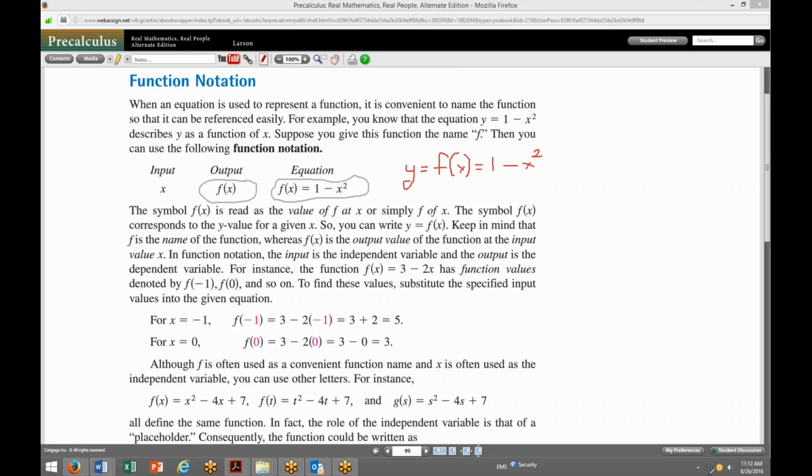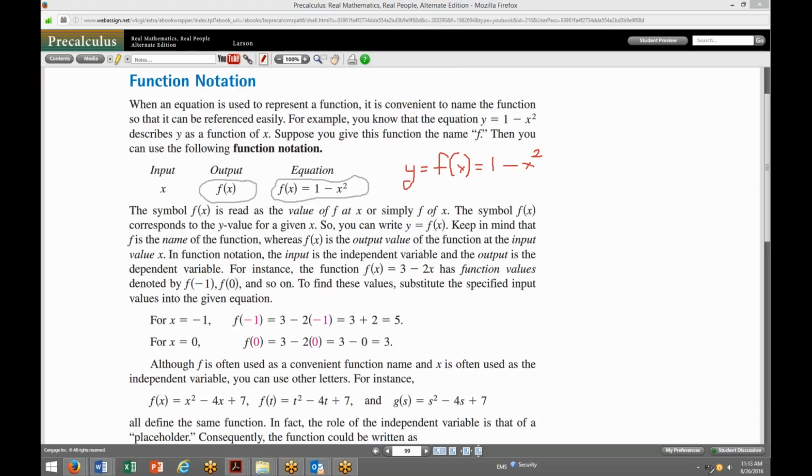That is a perfectly fine statement. For every single value of x, its corresponding y value for each ordered pair is simply equal to 1 minus the square of x. But it's also true that the output of the function f of x is equal to 1 minus the square of x. So to say y equals f of x is absolutely true as long as y is that particular function f of x.